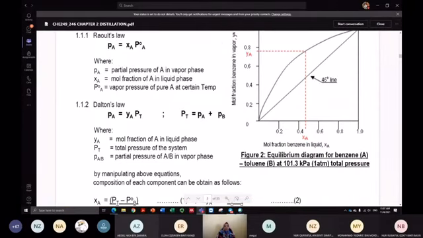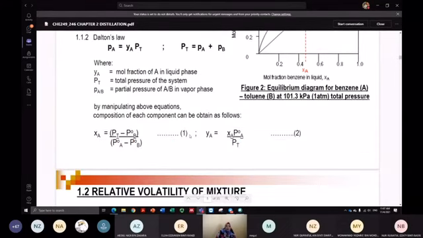Because sometimes in the given questions, you cannot directly find XA from Raoult's law, or directly find YA from Dalton's law, because of lack of data. So the alternative is to use equation number 1 or equation number 2.